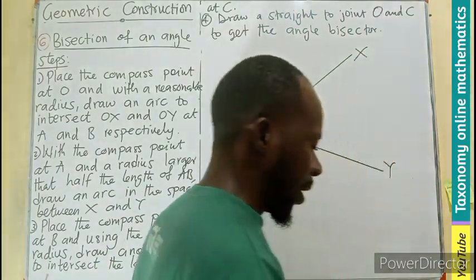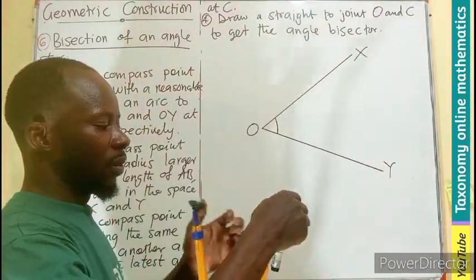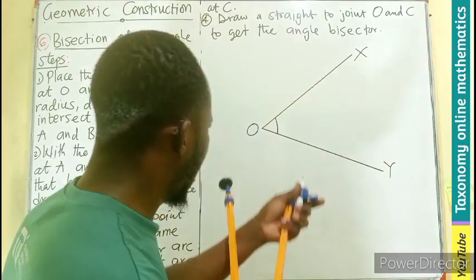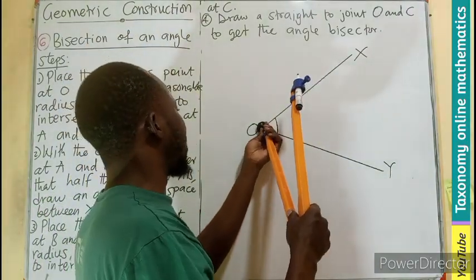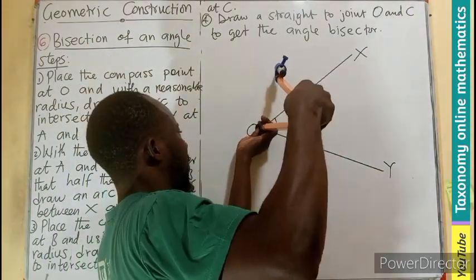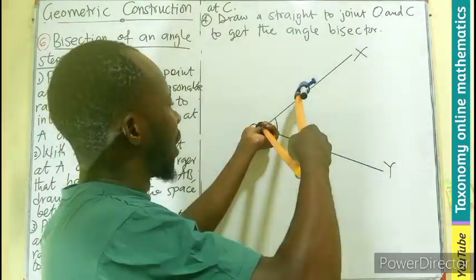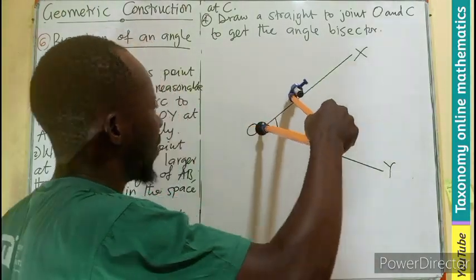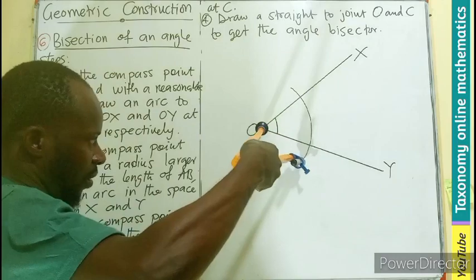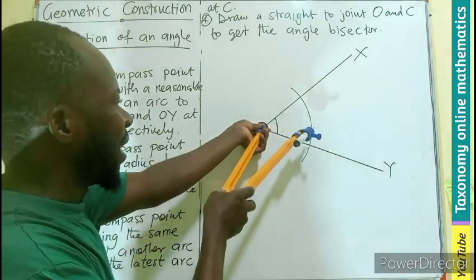So let's see how we can do that. With our compass point, putting it at the vertex, a reasonable length, I'm going to have this. You have that.